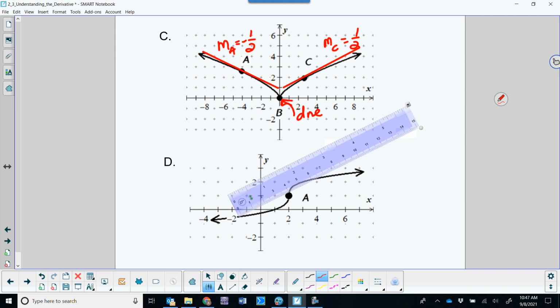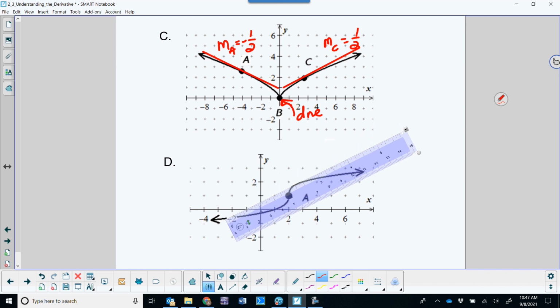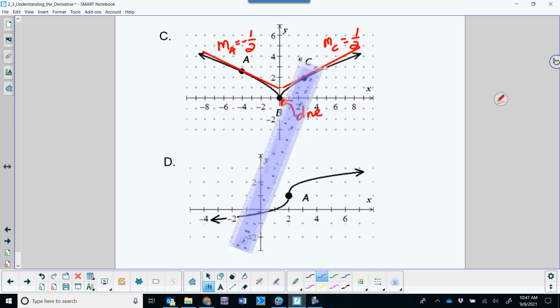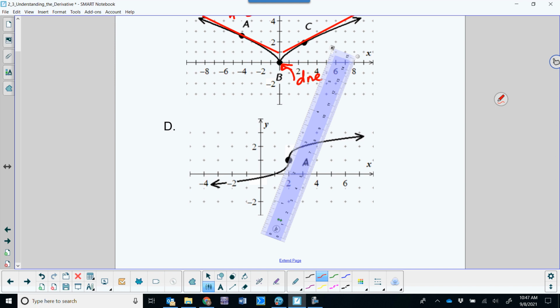All right, so let's do the last thing here. If I look here at D and I were to draw these, again, let's take my ruler and keep moving it closer and closer to that point. If I kept trying to draw tangent lines over and over again, as I got closer and closer to this point, I would end up having to have it straight up and down.